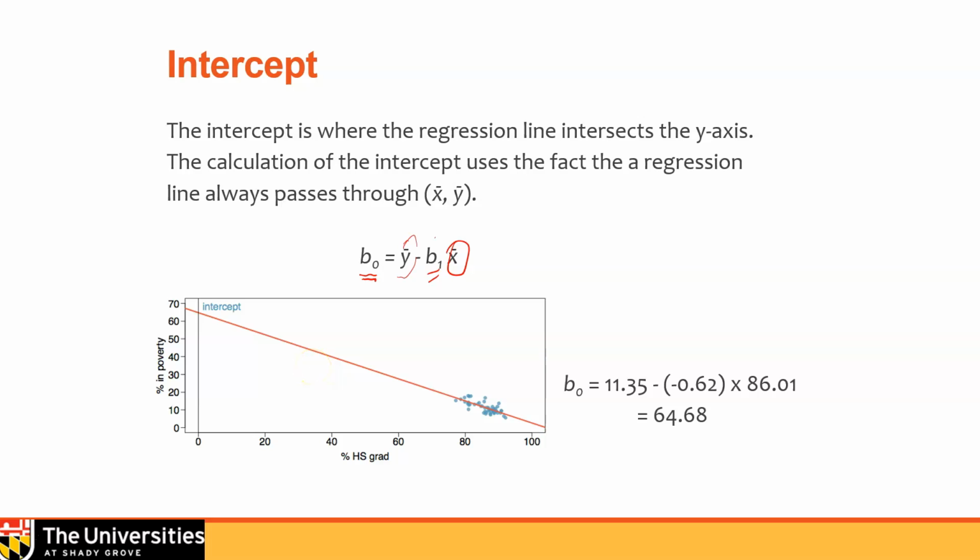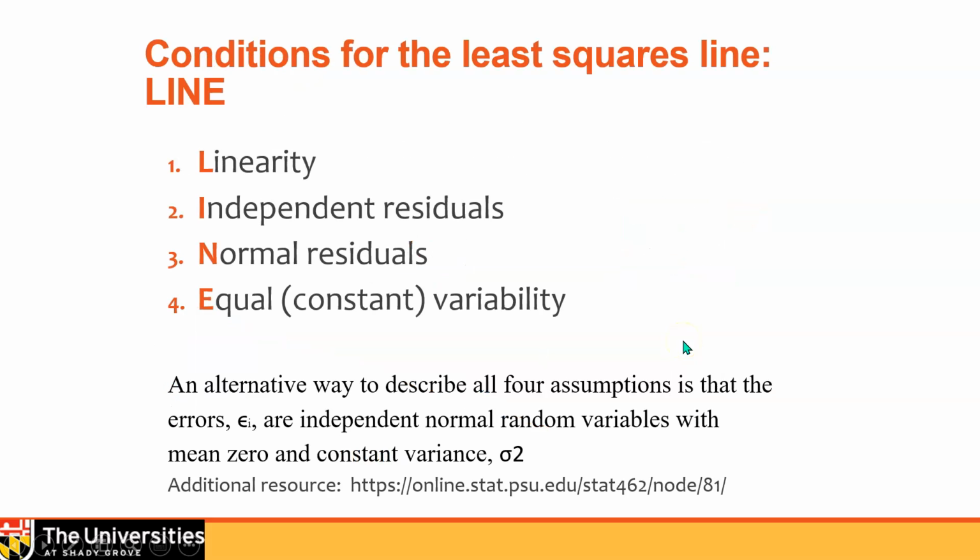You're basically solving a linear equation, because we know that y bar would be equal to b sub 0 plus b sub 1 x bar. Those would be points on the line. So if I subtract b sub 1 x bar from y bar, I get the intercept. Here we can put that information from our problem in, and that gives us our intercept value. So it's actually possible to use those formulas to find it.